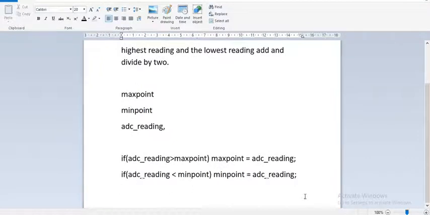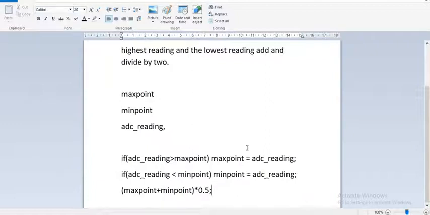Now you've gotten the highest number from the ADC samples, and the minimum number, so you now do max point plus minimum point, divided by 2, or times 0.5.